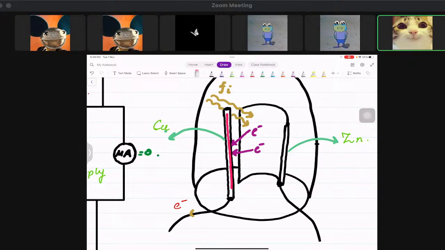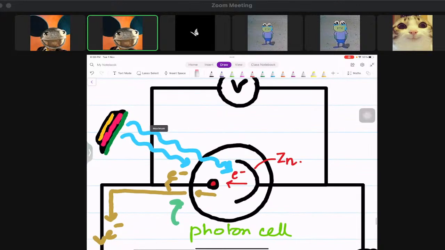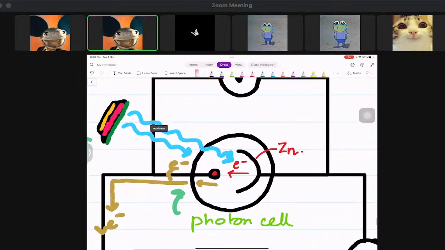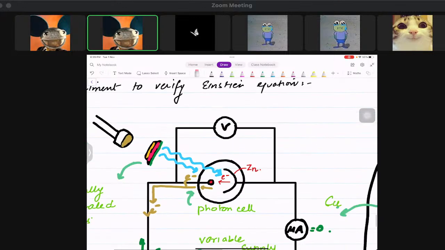Yes, sir. Okay, Rafi, you asked, right? Now, if you look at it, the current basically goes from the zinc plate and enters the copper rod in the yellow path, right? Do you agree? Yeah.